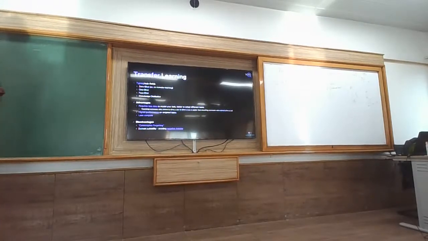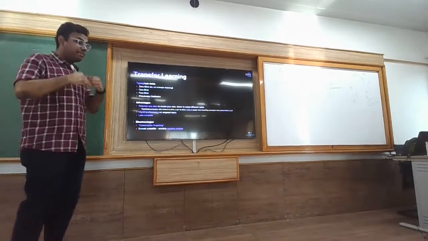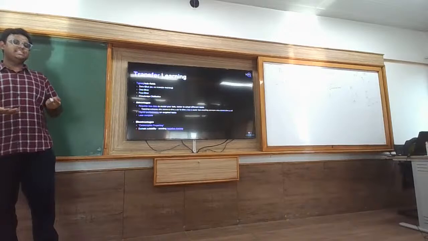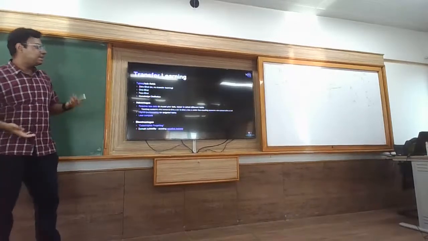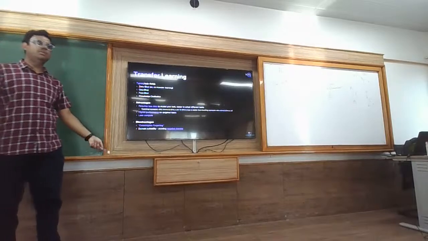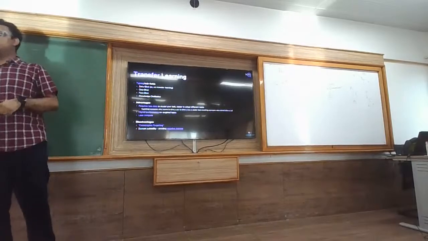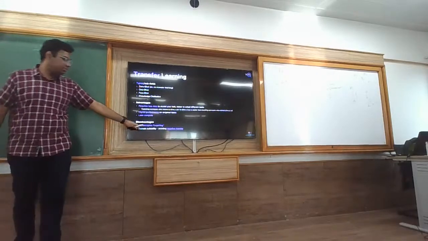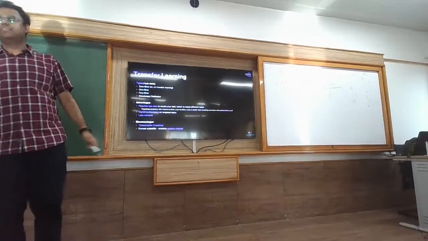It's suffering a lot. The primary reason for this is that the domains do not match. If you take a model already trained on legal articles and try to apply it to medical data, you're not going to get good results. When there's a mismatch in the domains, you have something called negative transfer.